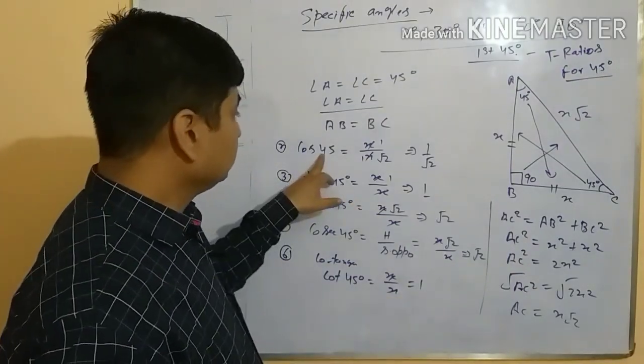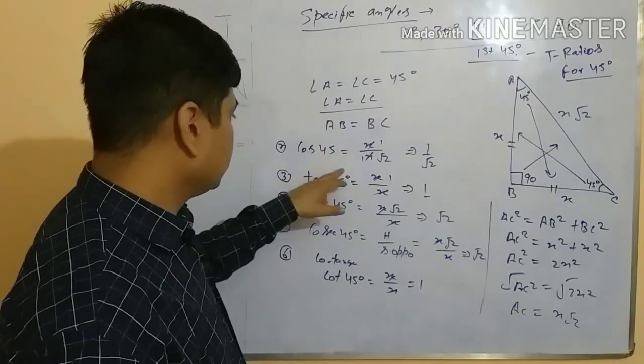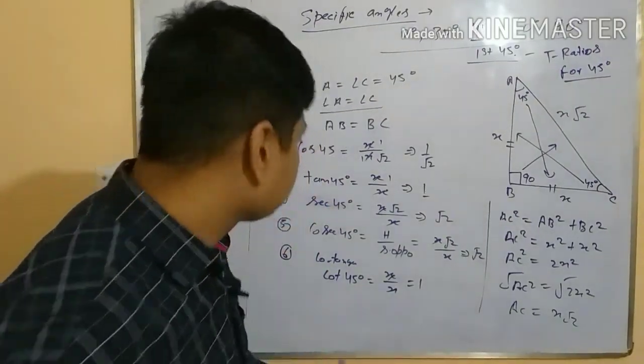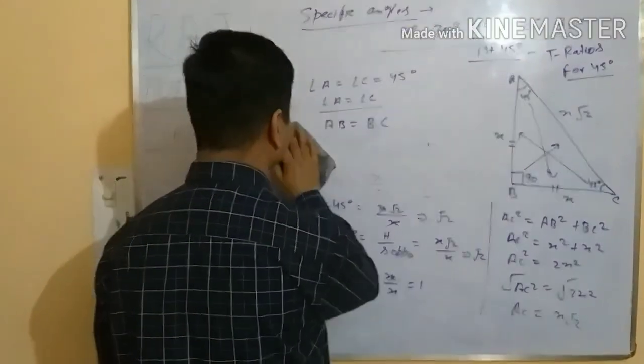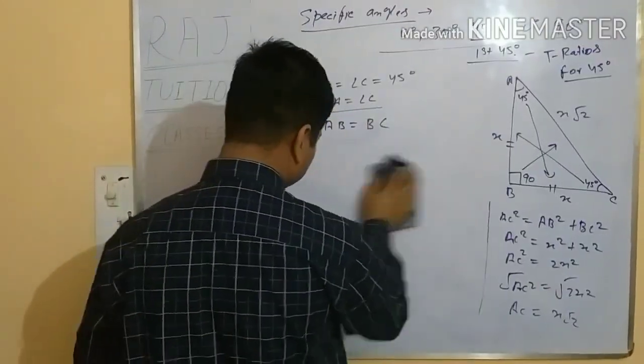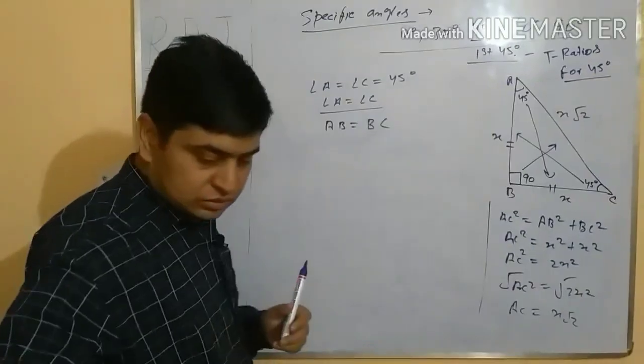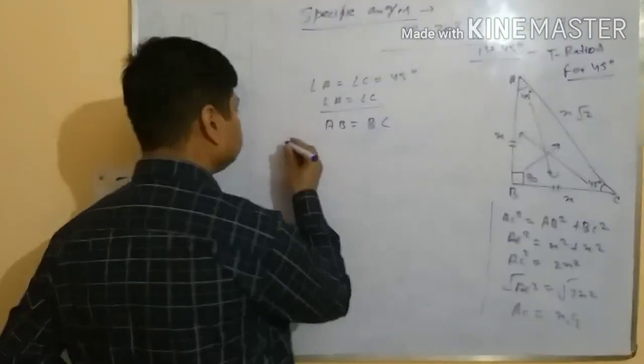So at 45 degree, the sine and cosine have the same values. This is the standard method to find these values. There are some shortcuts, we will discuss them later.